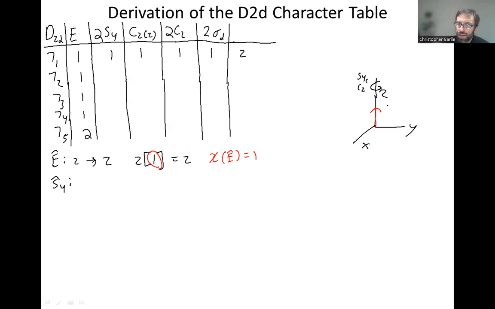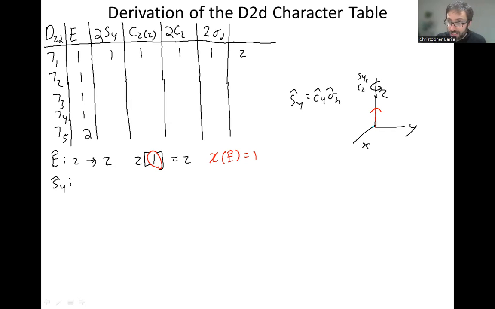Now the S4, remember, is going to rotate 90 degrees wrapping around the z-axis. So you have a vector pointing up, and you're rotating that 90 degrees. Well, if you're rotating it like this, wrapping around that axis, it's still pointing up. So when you do the C4 part, remember an S4 is a C4 followed by a perpendicular mirror plane, a sigma h.